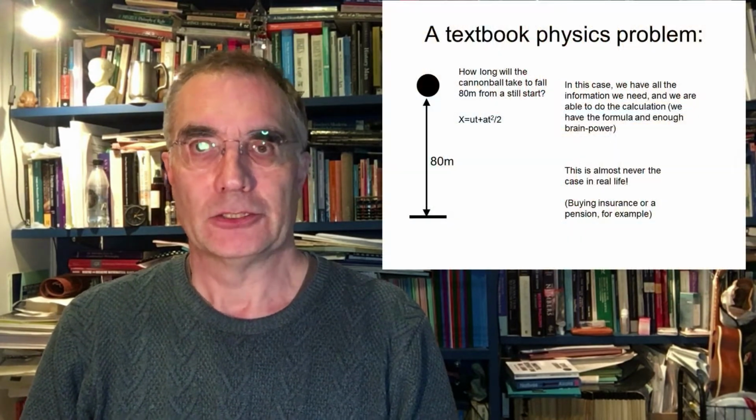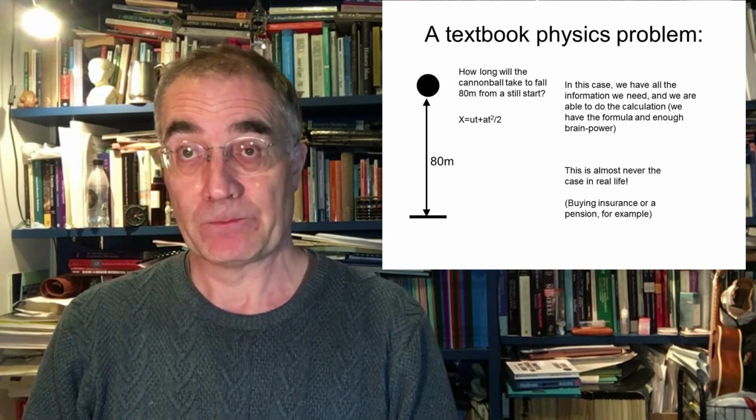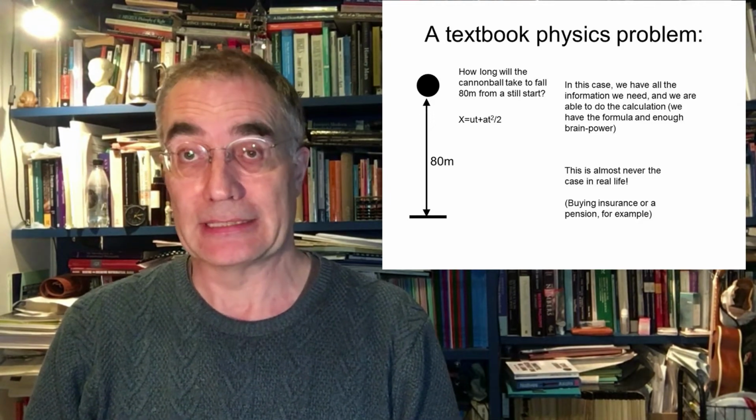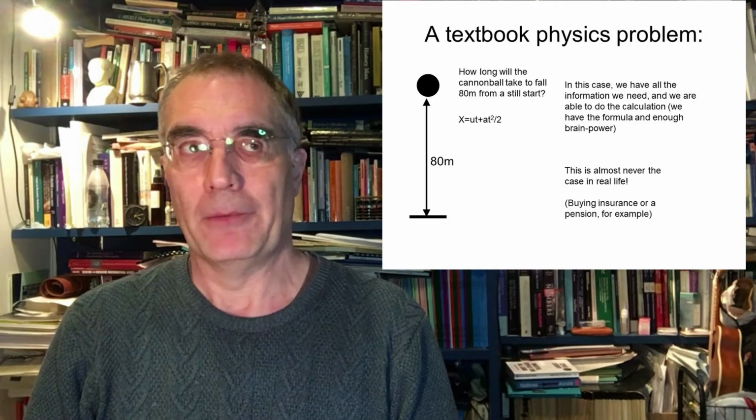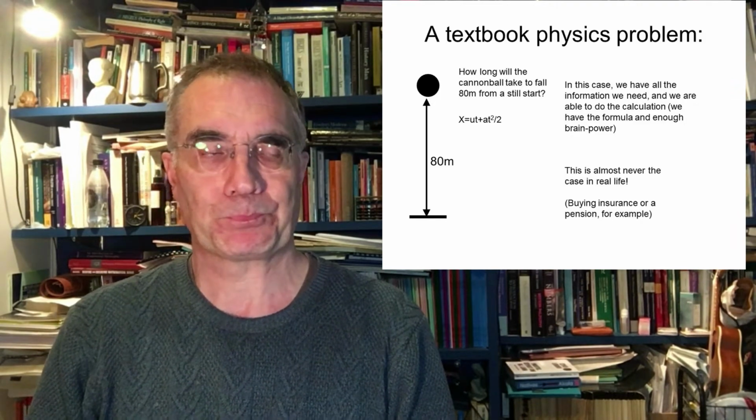So to set up what a heuristic is, I first of all want to set up a contrast. Think about a classic physics question about dropping a ball from a stationary position, and it falls through a known height, and you want to know how long it takes to fall through that height, right?